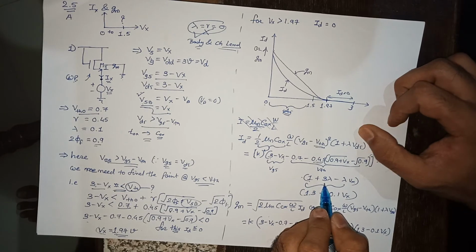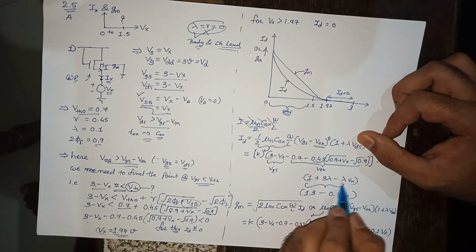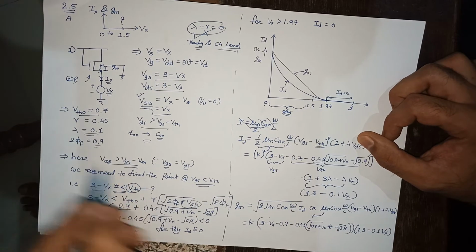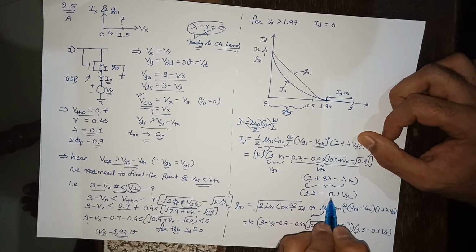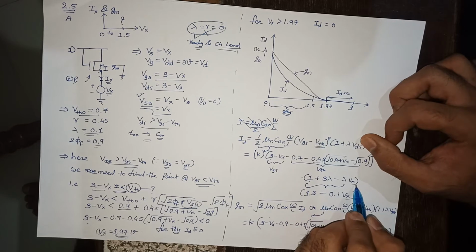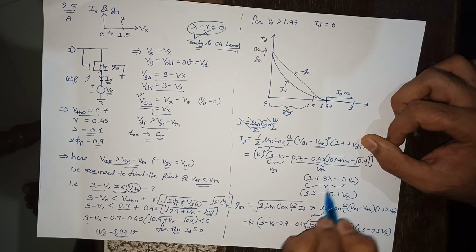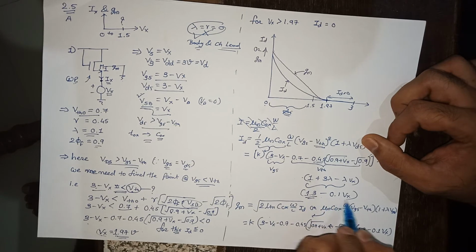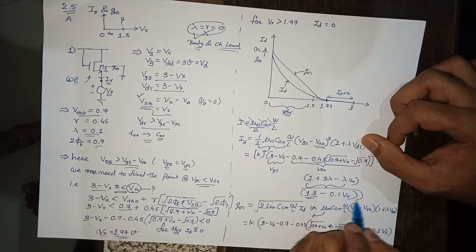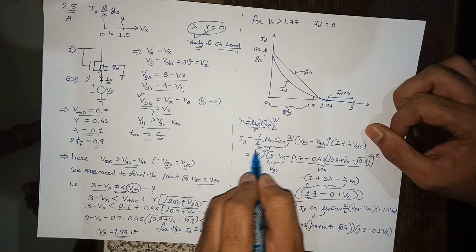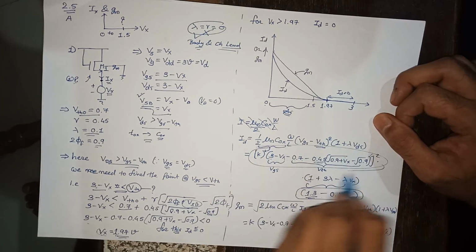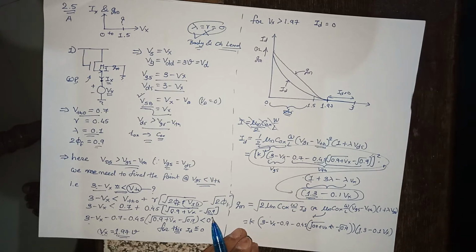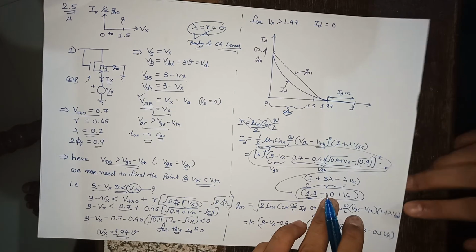This is multiplied by 1 plus lambda VDS. Lambda is 0.1 from that table, and VDS is 3 minus Vx. So 3 into 0.1 will be 0.3 plus 1, 1.3 minus 0.1 Vx. This will be one term, this will be the second term, and they are multiplied. Okay, so this is the equation of I.